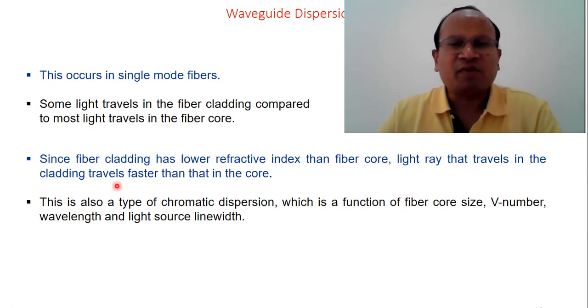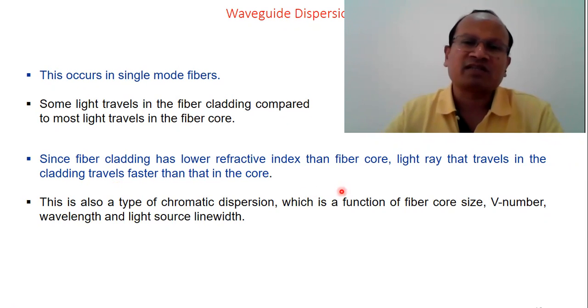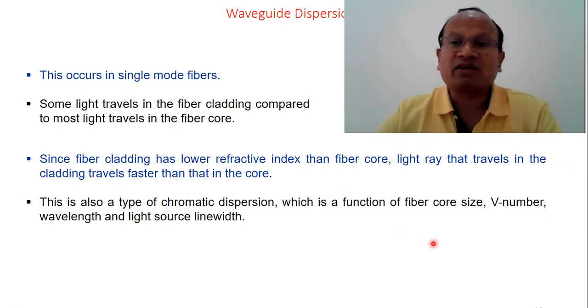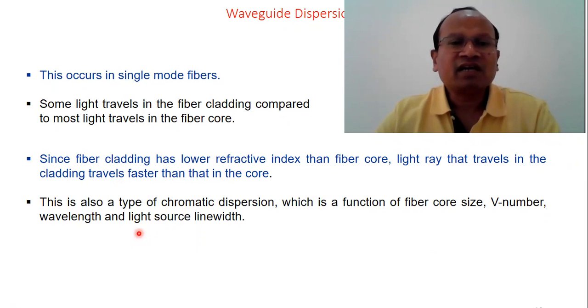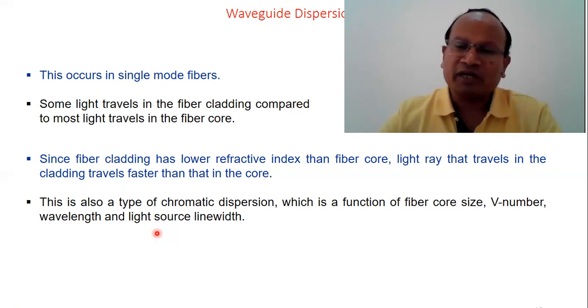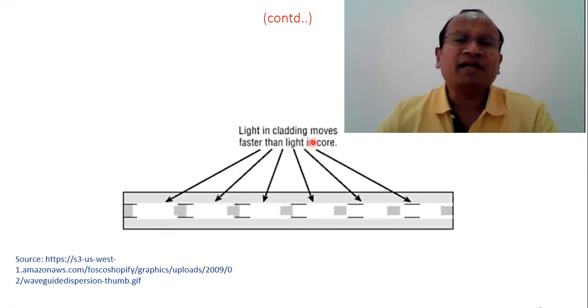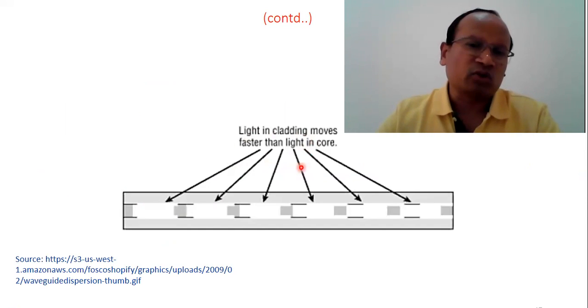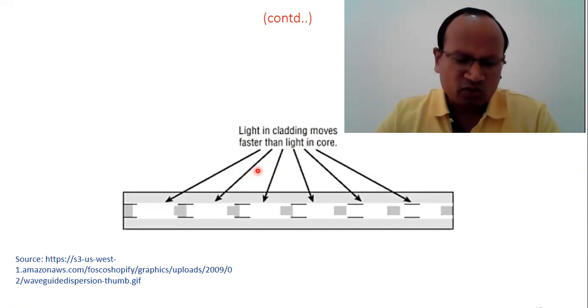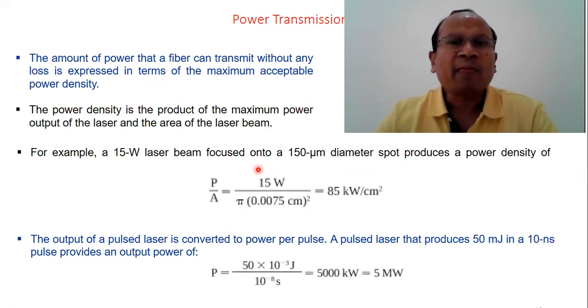This is also a type of chromatic dispersion, which I have already told you depends on core size, V number, wavelength, and light source line width. Light in cladding moves faster than light in core. This has been shown in this particular diagram.